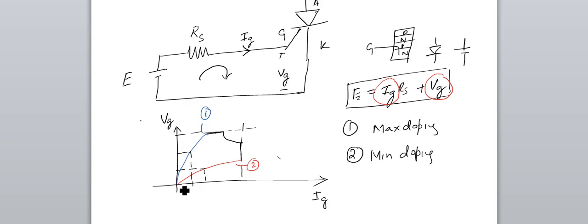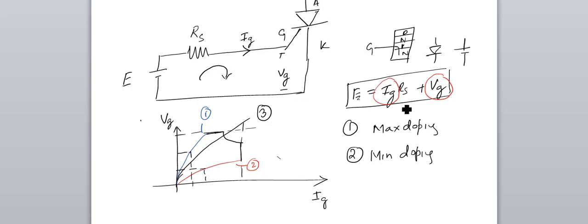So this is the graph that is going between them, the third graph. They make the SCR with these characteristics only, that is, neither maximum nor minimum doping. It is in between.